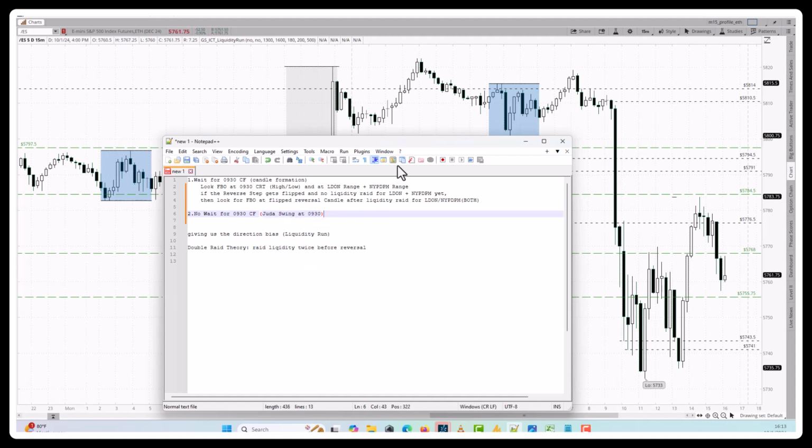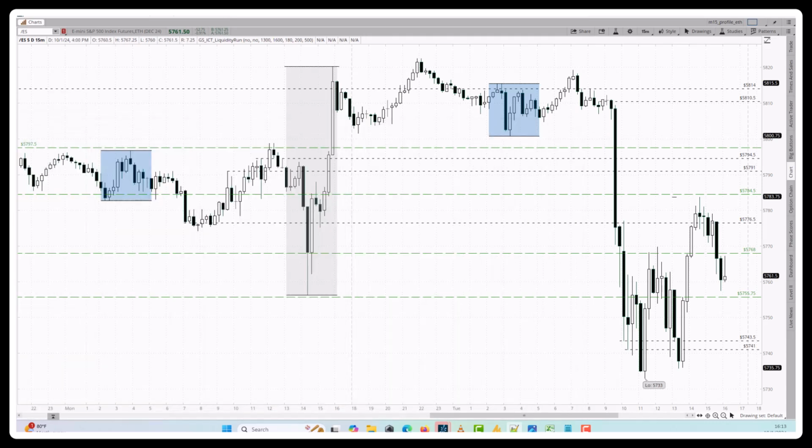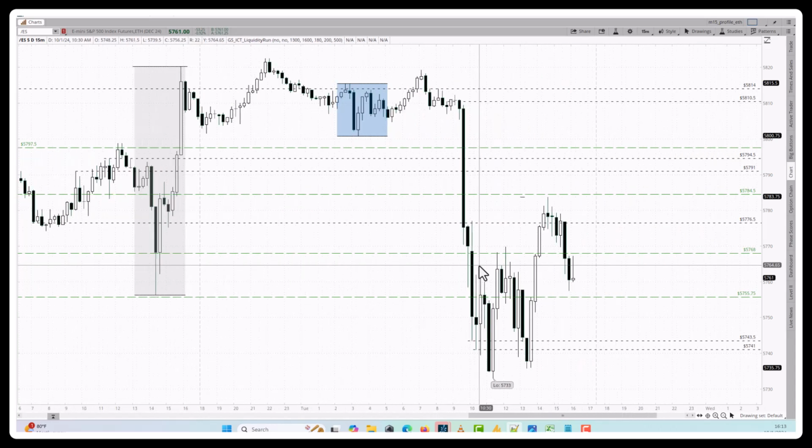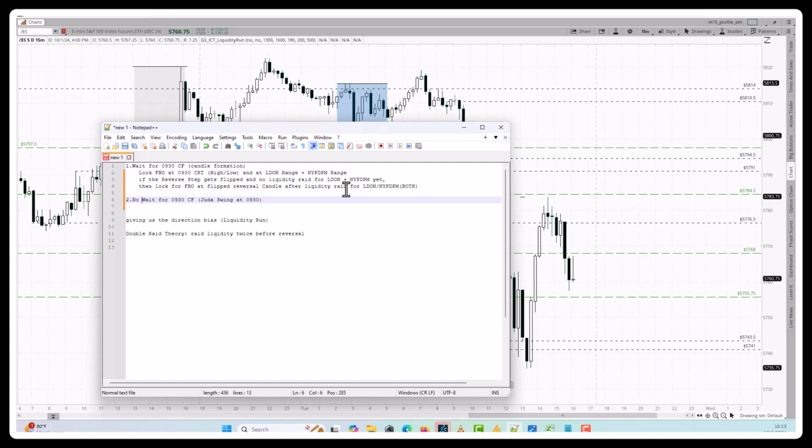So we try to build the model, or to understand the concept around the liquidity run at 9:30. And today it falls into the second scenario, which is we don't need to wait for 9:30.